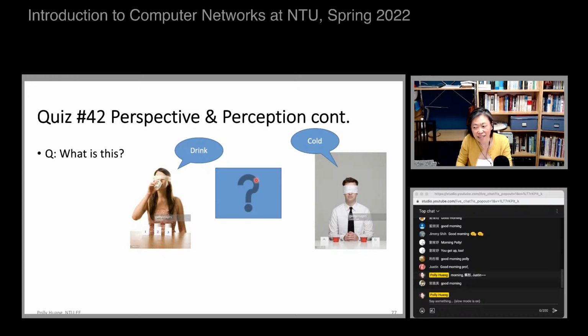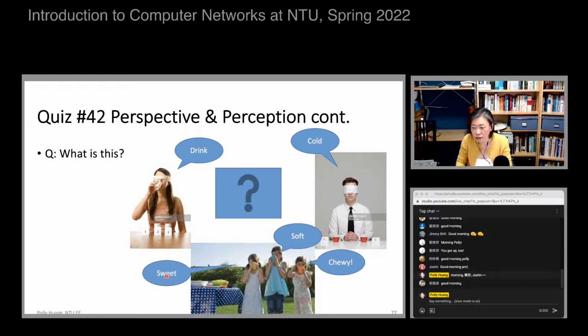Second says, it's cold. And then the third, fourth, and the fifth say, oh, it's sweet, and there's something soft inside, and it feels a little bit chewy. So what is this, guys?